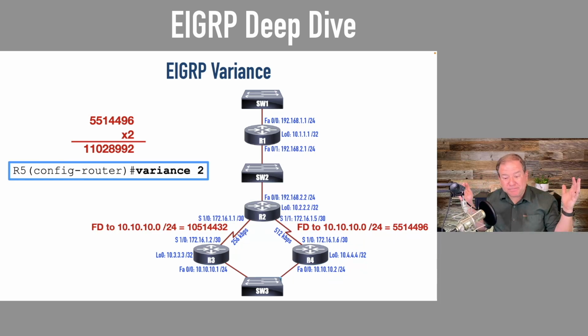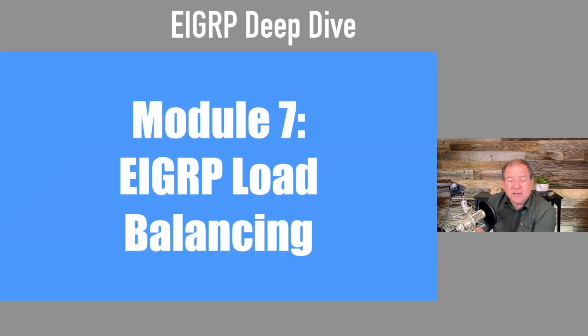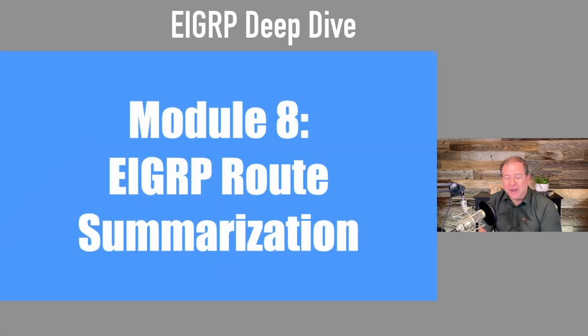So it's going to be sending nearly twice as much traffic via R4 as compared to R3. It's going to balance it based on the feasible distances. But the variance feature sets a range, and if any backup path falls within that range, we're going to use that backup path. Pretty cool feature of EIGRP. And to set it up, you see we're in router configuration mode, and we simply say variance 2.